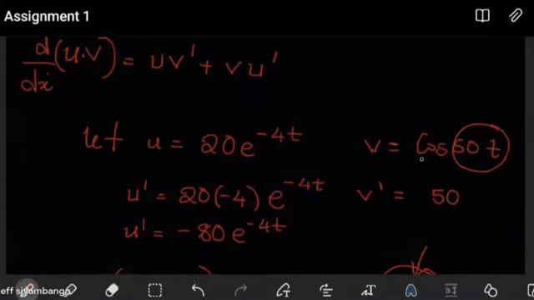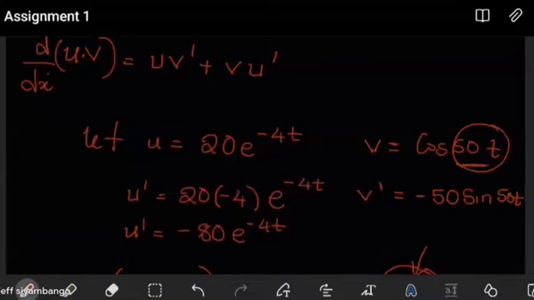The derivative of cos is negative sine. So sine will be here. I'll put the negative at the beginning. The argument doesn't change, so I'll bring down 50t. So that becomes my V prime, the derivative of V.